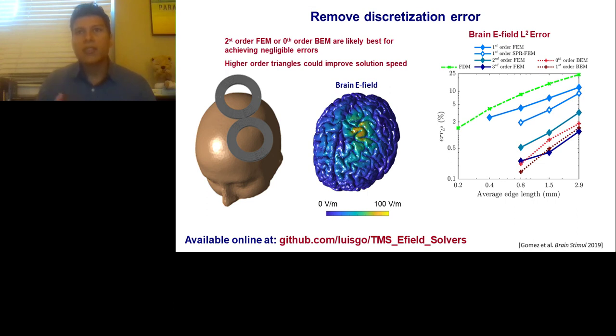If you're interested in using simulators in your experiments, I highly recommend our paper in Brain Stimulation. It provides essential background for effective use of simulators in an accessible manner. And all of these codes are available and work online, and they work in Linux, Windows, and Mac, using MATLAB interfaces.